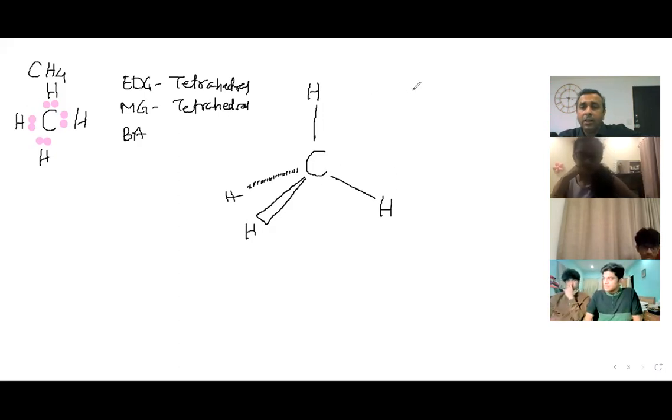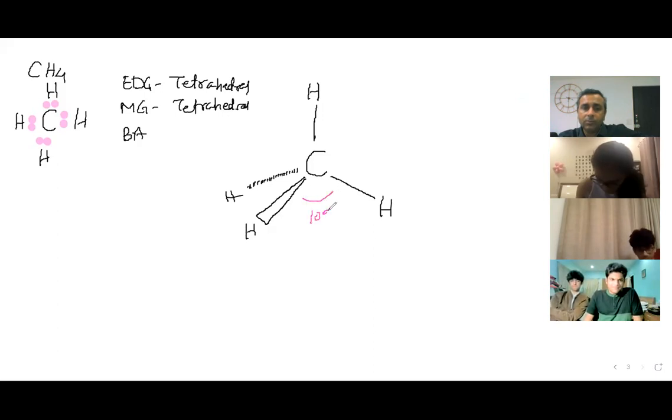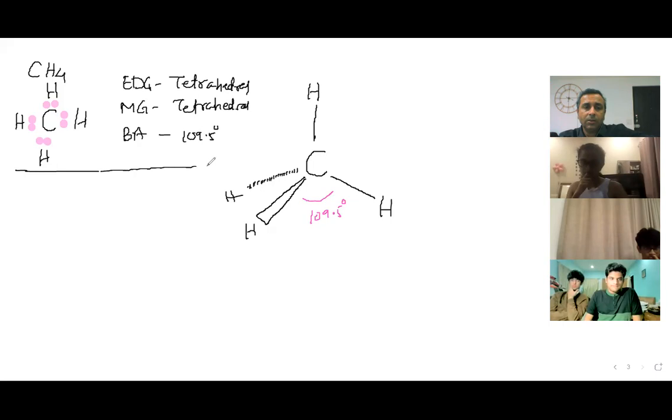All HCH bonds are 109.5 degrees. So that's about methane, which is the case of 4 electron domains, 4 bonded and 0 lone.